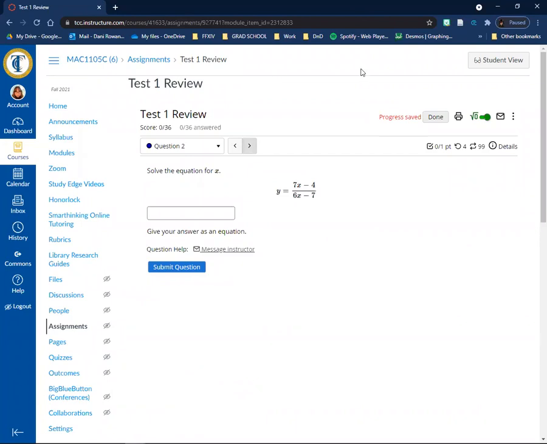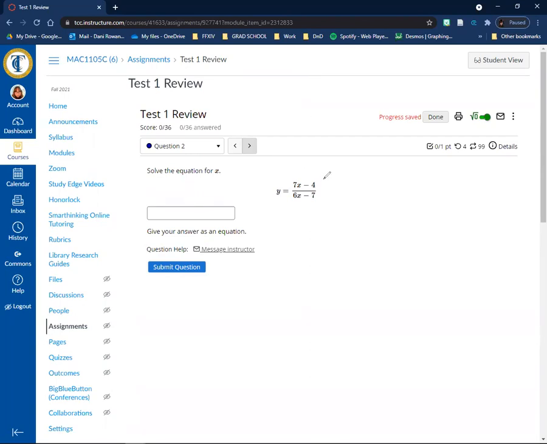Okay, so this one wants us to solve for x. What do you think is the first step we're going to do here? Get rid of the fraction. Yeah, the biggest issue that we have with this one is that we're solving for x, but we have x in the denominator.